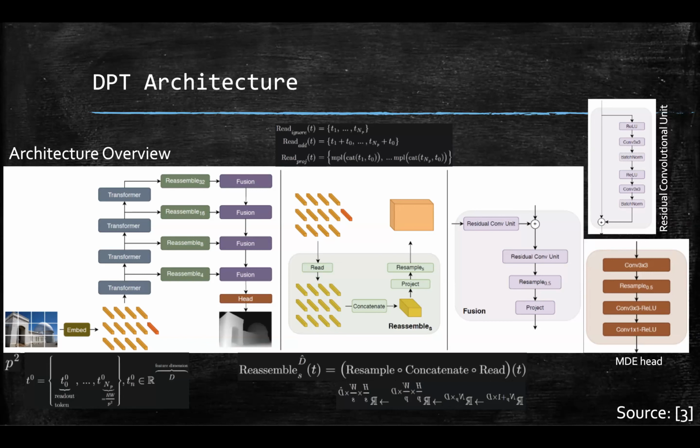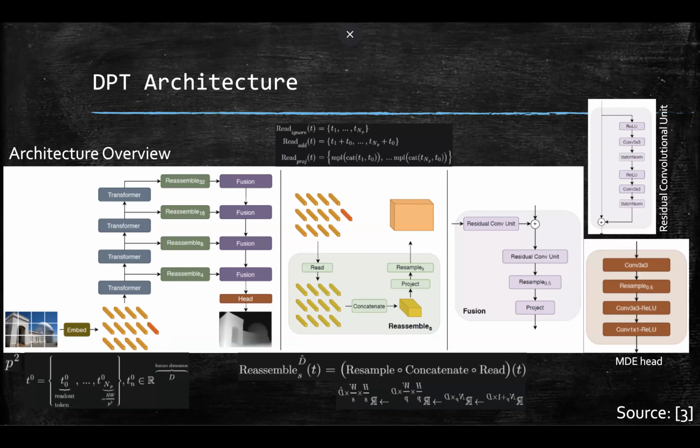Following the work in natural language processing, the ViT additionally adds a special token that is not grounded in the input image, and it serves as the final global image representation. You can see it here, so it's this, let's say, red one.